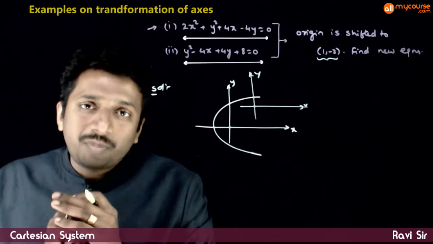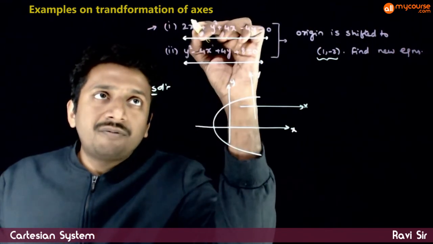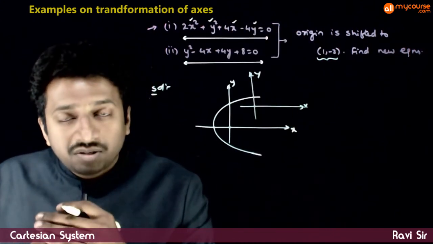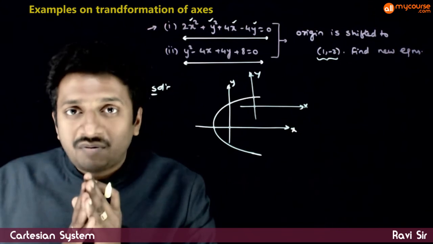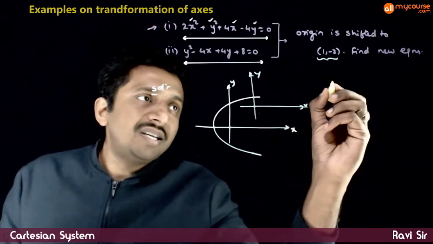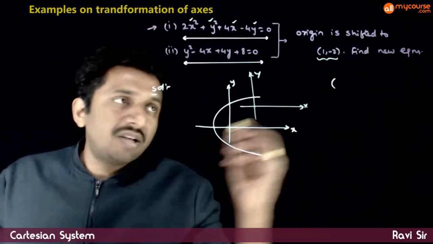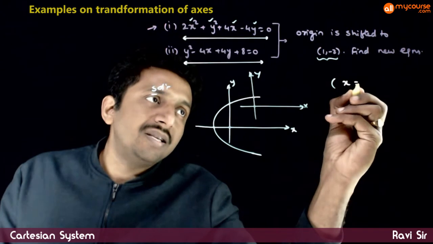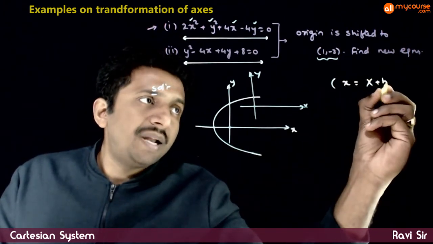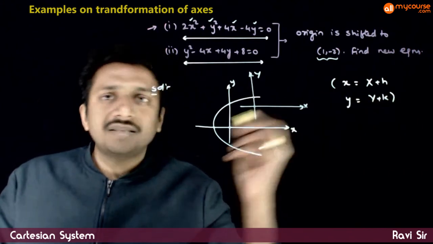So carefully look at the process that we're going to do. The old equation will be in terms of small x small y. The new equation will be in terms of capital X capital Y, because the new coordinate axes are capital X capital Y. Now what is the relation between small x small y and capital X capital Y? We have already seen that small x is equal to capital X plus h, small y is equal to capital Y plus k.